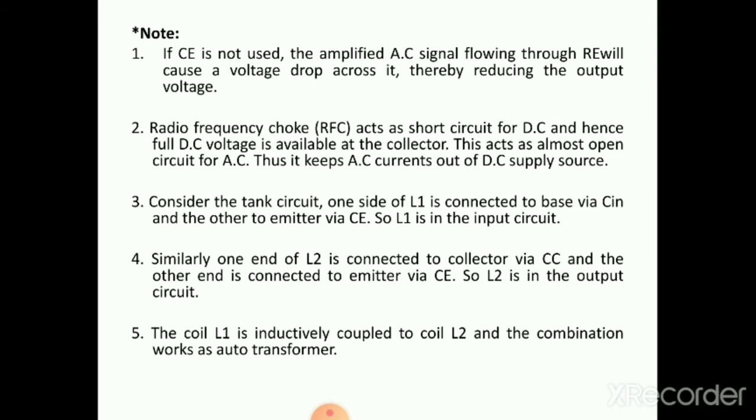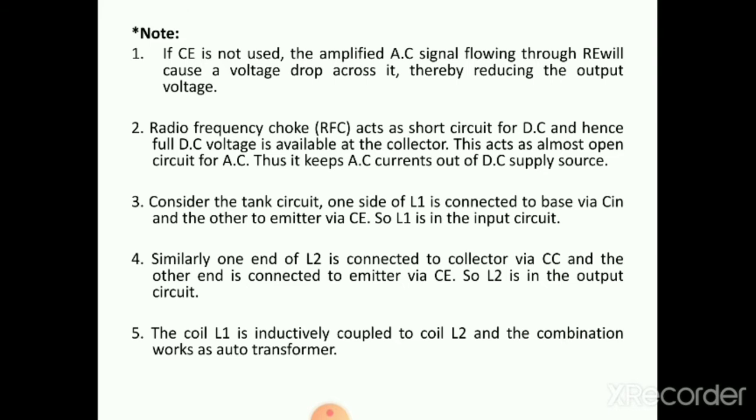Consider the tank circuit. One side of L1 is connected to the base via Cin and the other to the emitter via CE. So L1 is in the input circuit.